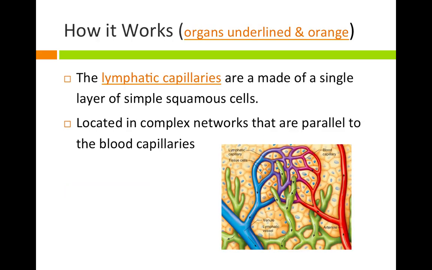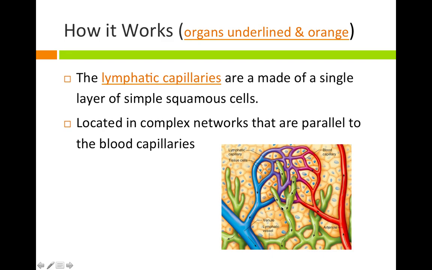So, how does the lymphatic system work? The first thing we need to look at is the lymphatic capillaries. The lymphatic capillaries, as I mentioned, are kind of intertwined or parallel to the capillaries of our cardiovascular system.